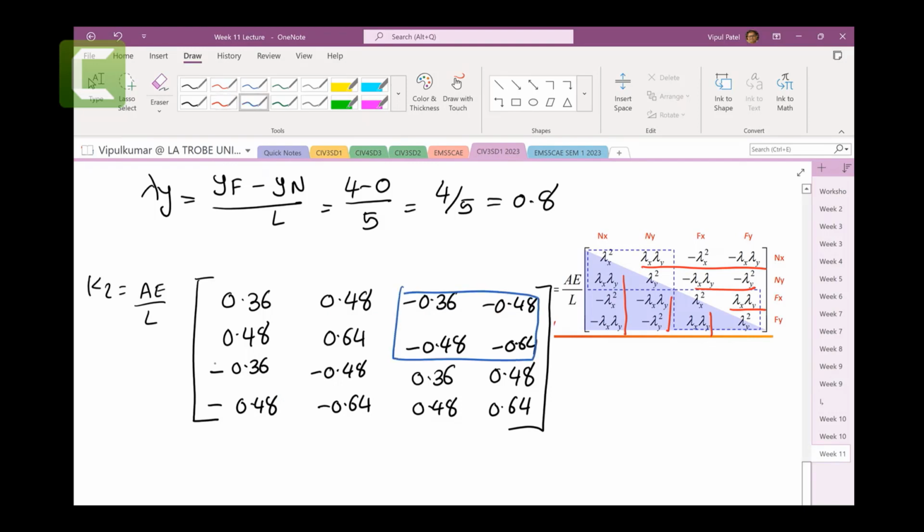This block is the same. This block same, right? Let me use another color. This block and this block are the same. Look at that, the numbers are matching. Perfect. Diagonals all positive. Perfect. Matching.